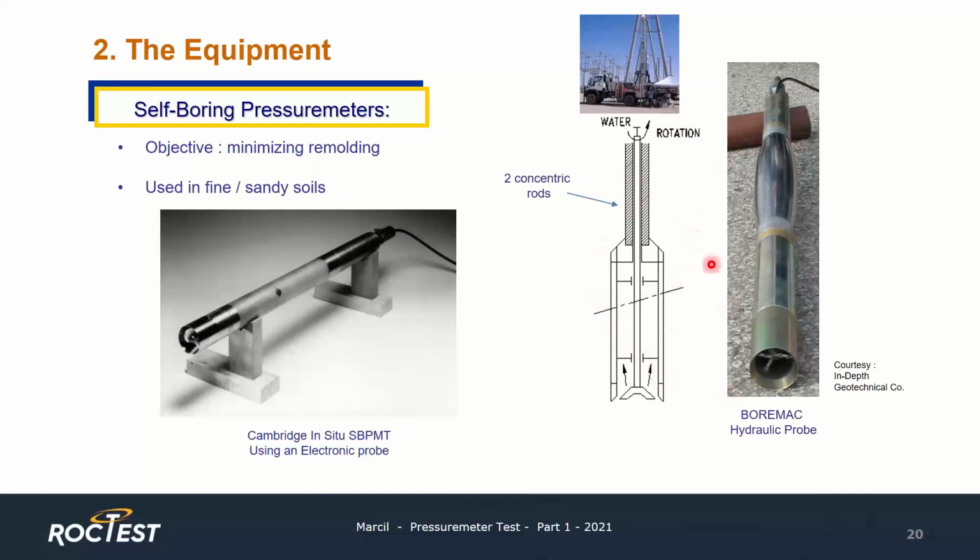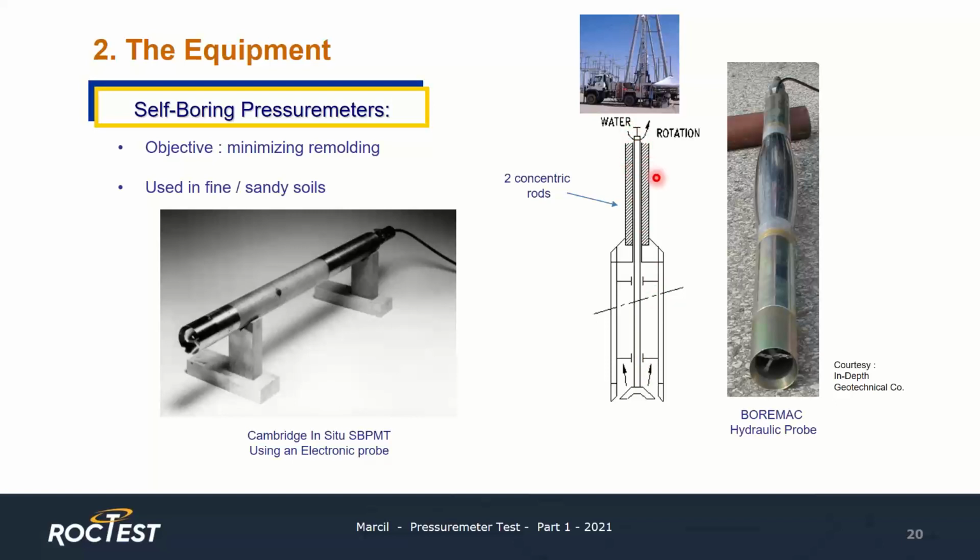Here you see how it works. You have the probe, and in the probe there's a cutting tool, a cutting bit, and a probe shoe here. And the cutting bit is connected to a drill rig through an inner rod.